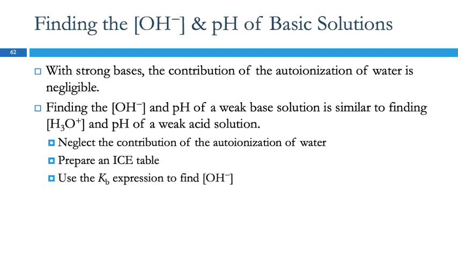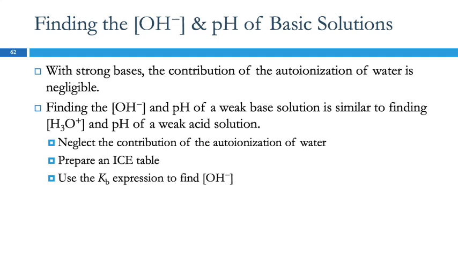So, finding hydroxide ion concentration and pH of basic solutions. For strong bases, this is relatively simple. We can ignore the autoionization of water and just look at how many hydroxide ions per liter we have from this base.